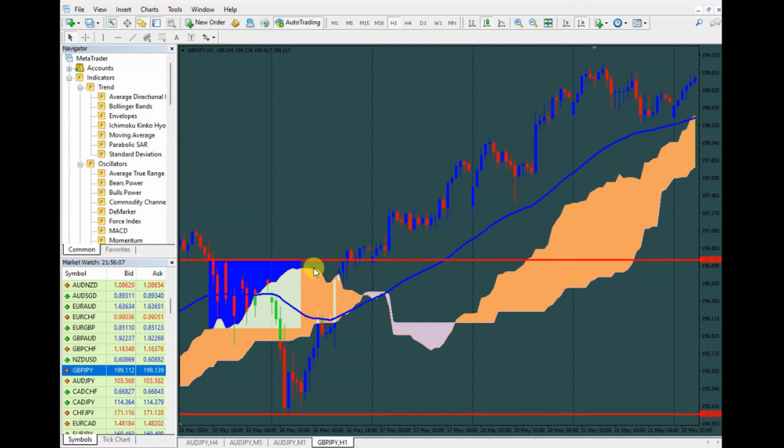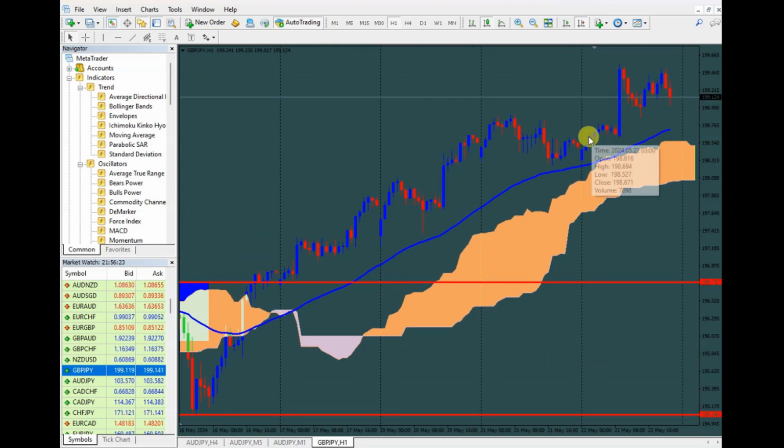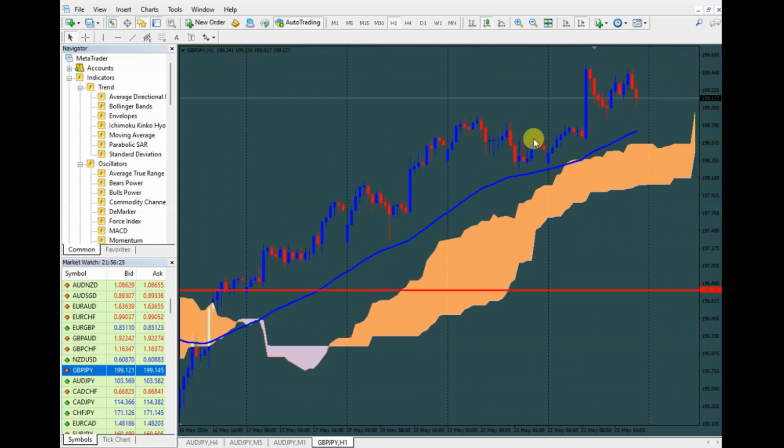Then we wait for confirmation, and you can see the series of candles that come after, they all close above our horizontal line. So here we are waiting for our trigger, and this is the point where we got the trigger.